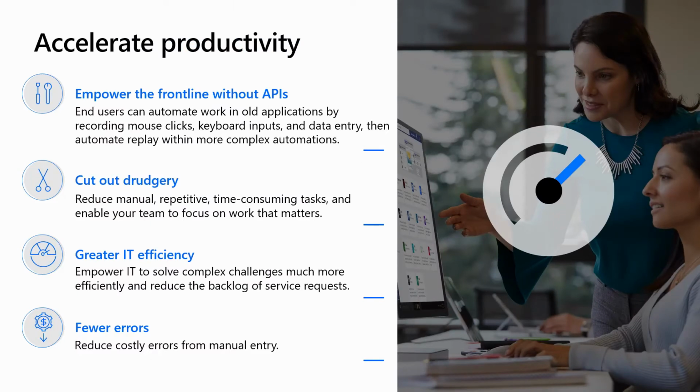Businesses constantly need to evolve and accomplish more strategic work in less time with fewer resources for manual processes. We need frictionless ways to automate repetitive tasks, improve processes, and renew our focus on sophisticated strategic work. Power Automate helps you move faster by empowering those frontline users with APIs. It cuts out those manually repetitive tasks and gives that greater IT efficiency with fewer errors.